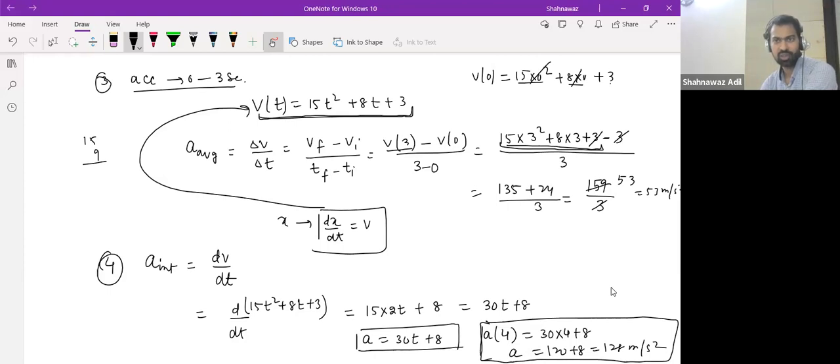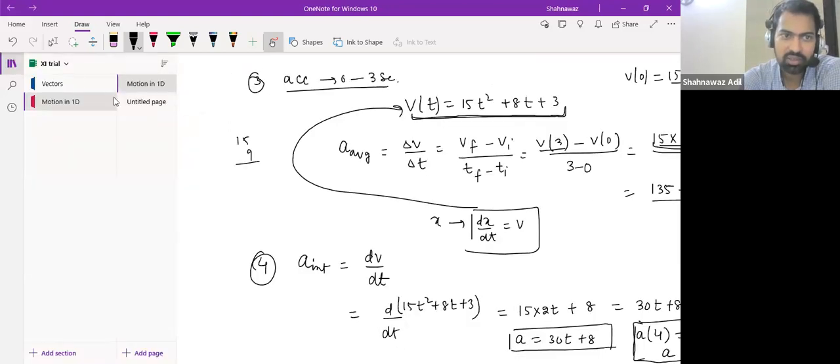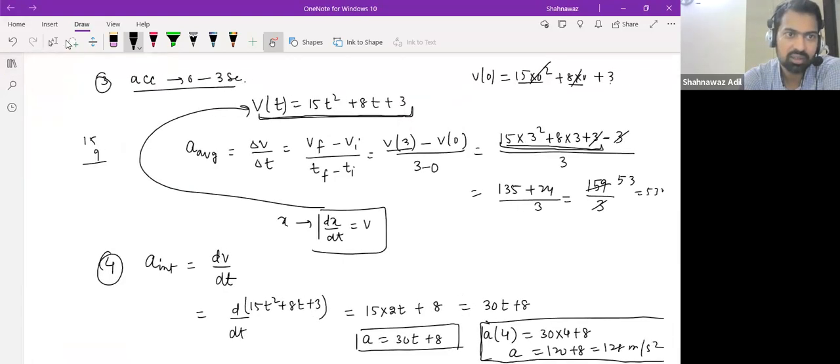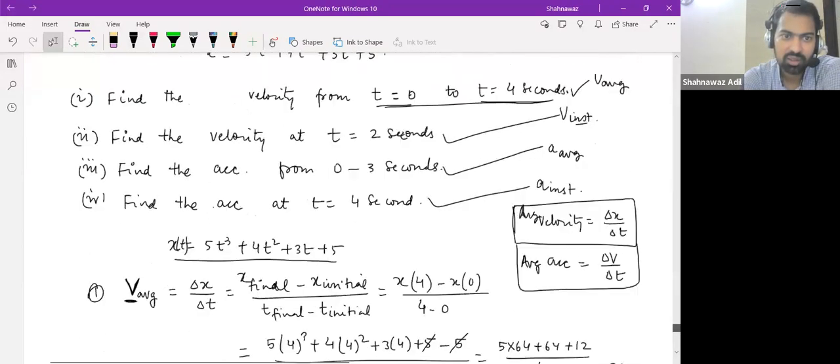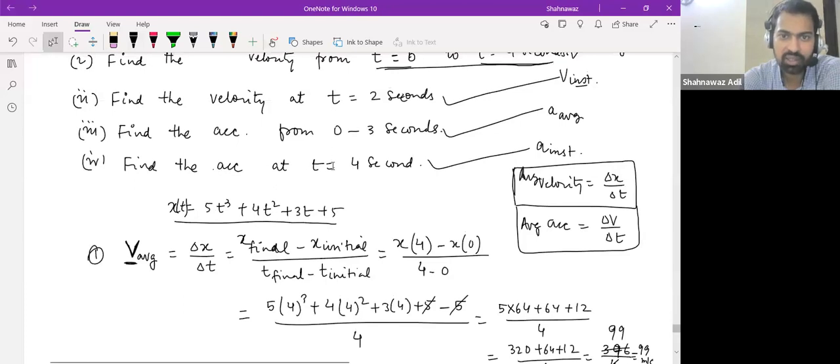Sir, we are taking t as 2? In this question 3, they wanted us to calculate the acceleration at t equals 4 seconds.